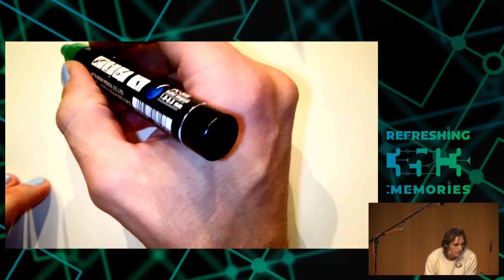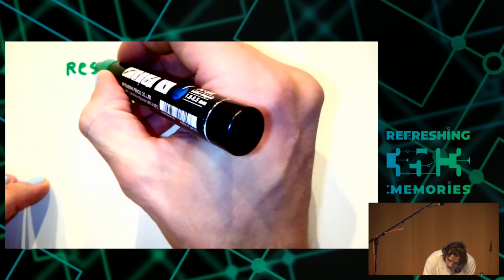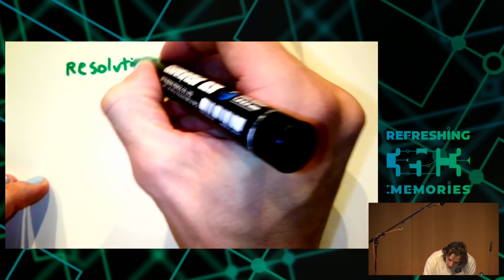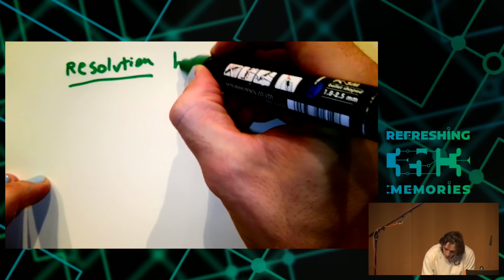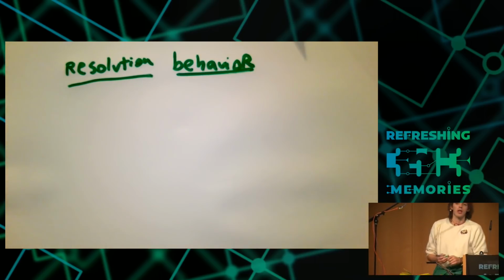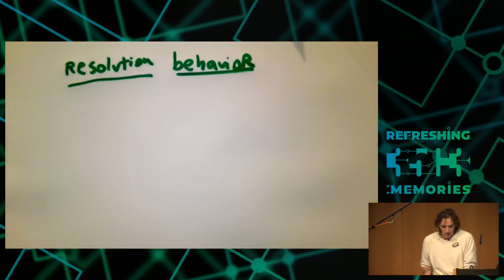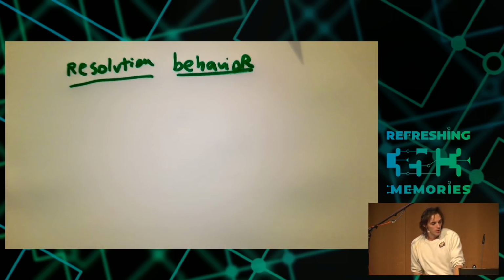I want to talk about resolution this morning from the point of view of the maker. So we're going to talk about resolution in terms of behavior. We're going to talk about how different levels of resolution actually change the behaviors that are possible in different kinds of images.